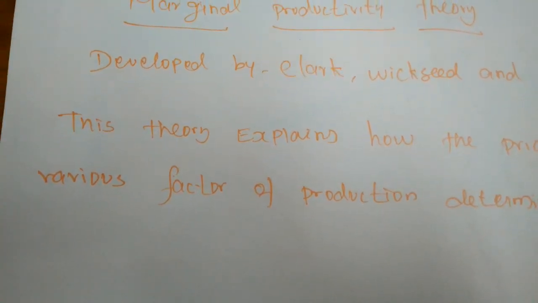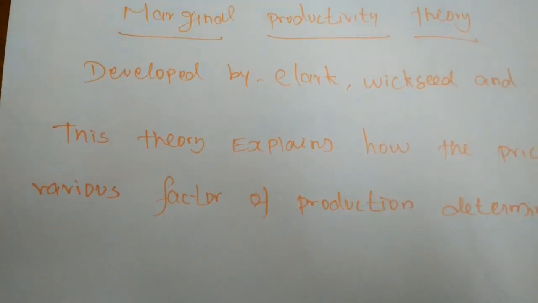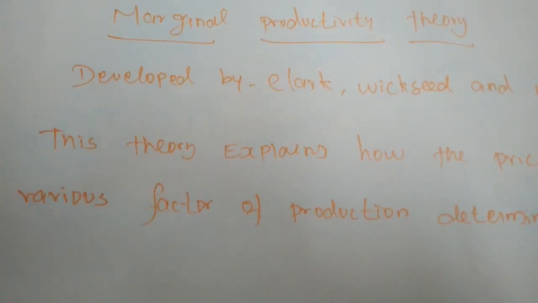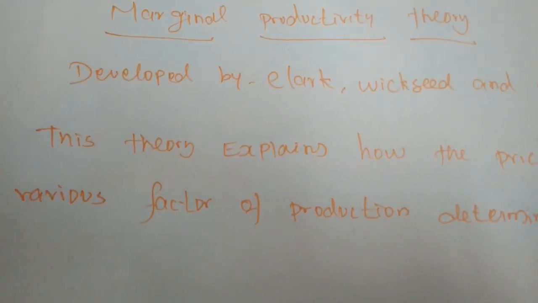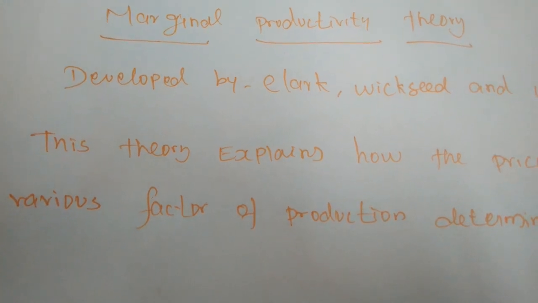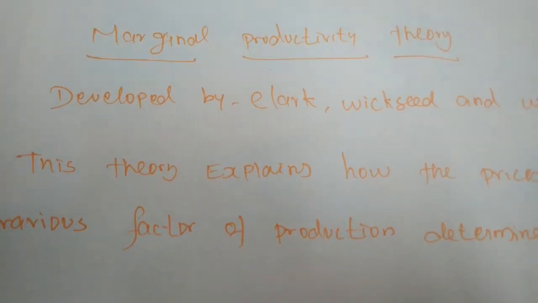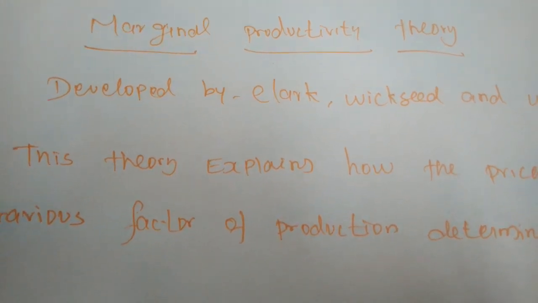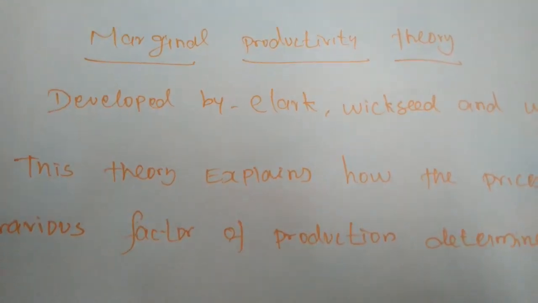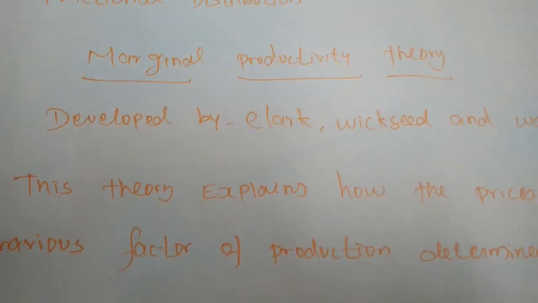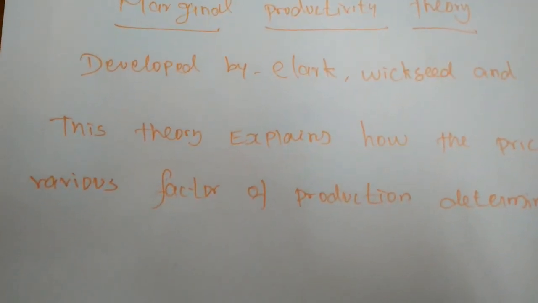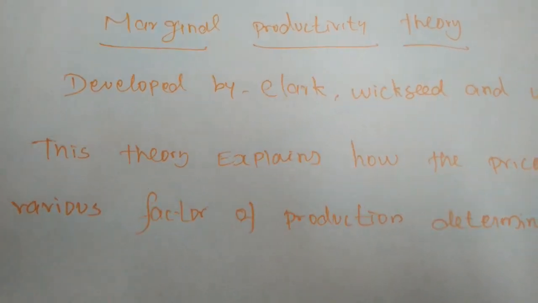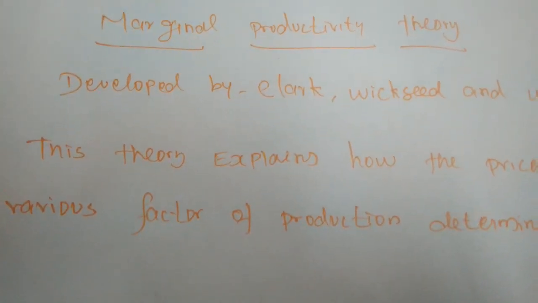If you consider the four factors, labor has the power to produce some product, and land has fertility to produce. Next, capital. Without capital, we can't produce any commodities, because we have to purchase many raw materials and pay many incomes, and the organization also gets the profit.